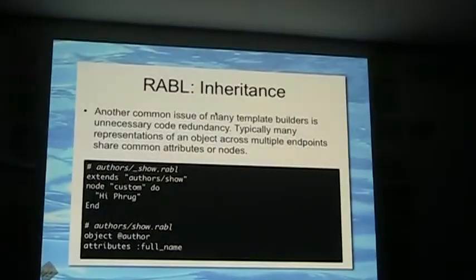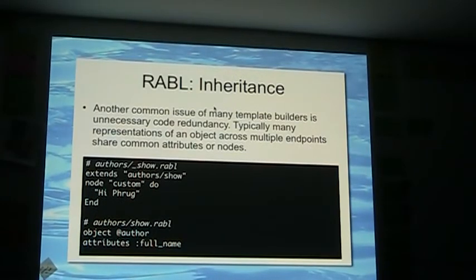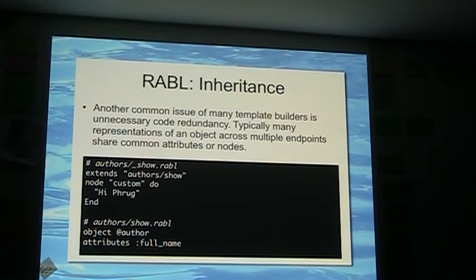That's the basics. And then this is where I think RABL is most useful. A very common issue we noticed while writing our API is some endpoints need a full set of data, some others a different set of data from a core object, but they share a common set, and that's where extends comes in. In the show partial here, for example, we say that the partial underscore show actually extends the basic show template.